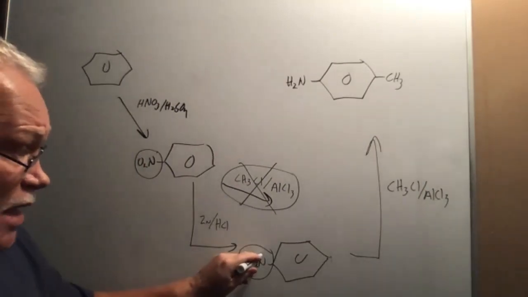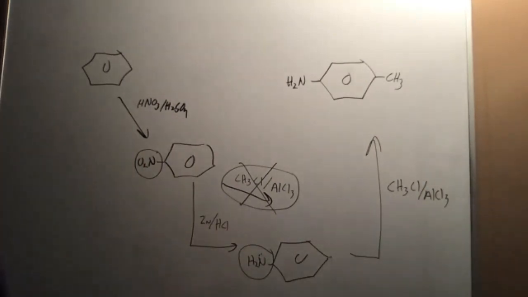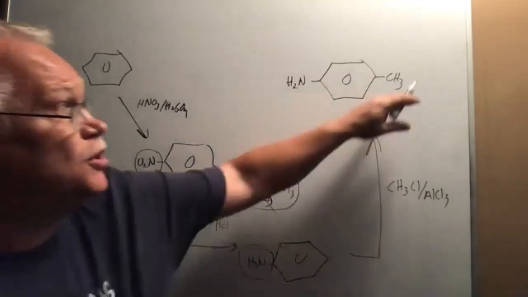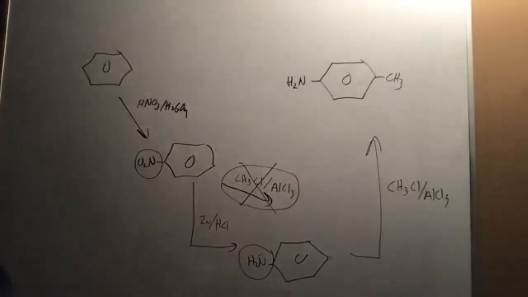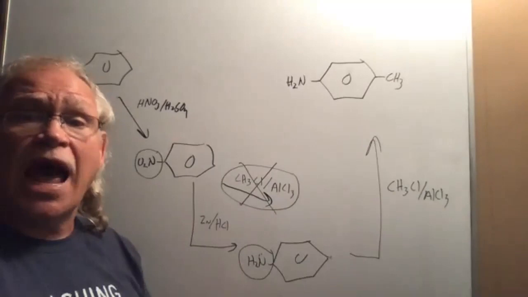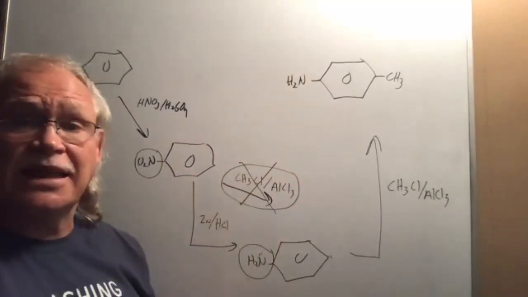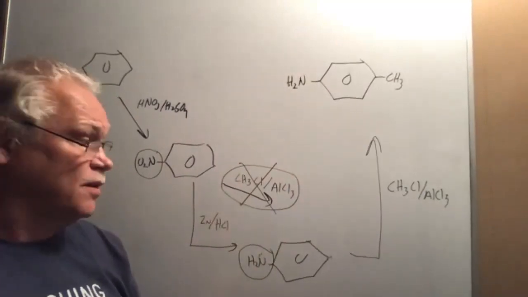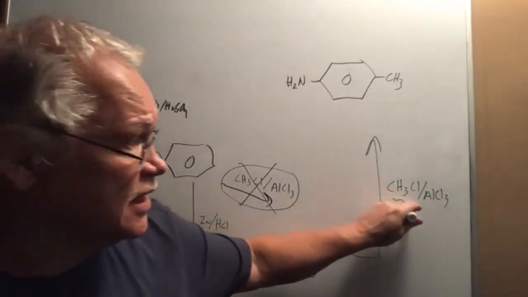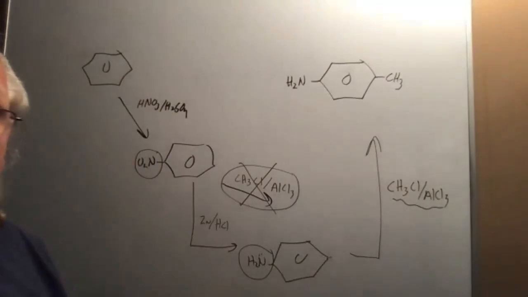And because it has a lone pair on that nitrogen, it's an ortho-para-director. So it's going to put the methyl group in the correct position. Now, it would also put it in the ortho position, but notice I'm just wanting to get a synthesis for one of the products.